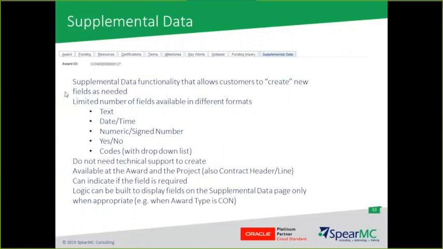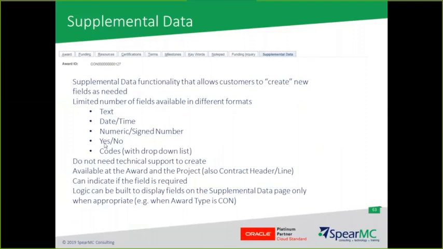So instead of having to create a customization to add a field to track something that you need to report to your sponsor, if it's not an existing field, now you can configure these fields, and you have the ability to define what format you want. Is it just free-form text? Is it a date time?